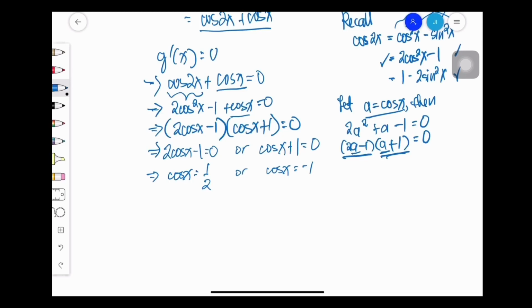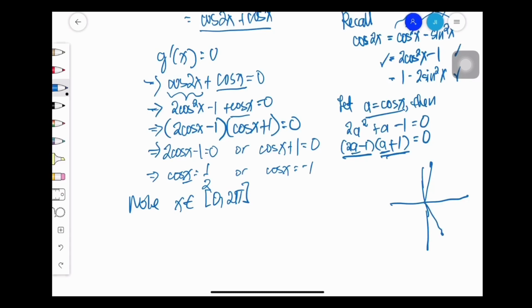Since we have the restriction that x should be taken from 0 to 2 pi, let's think of an arc length such that cosine of that arc length is 1/2. Recall that in a unit circle, cosine is 1/2 at pi over 3 and 5 pi over 3.